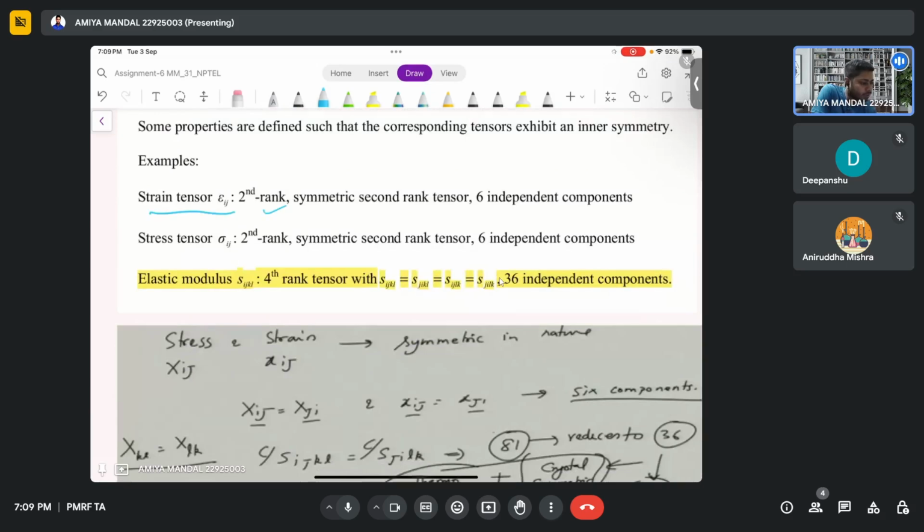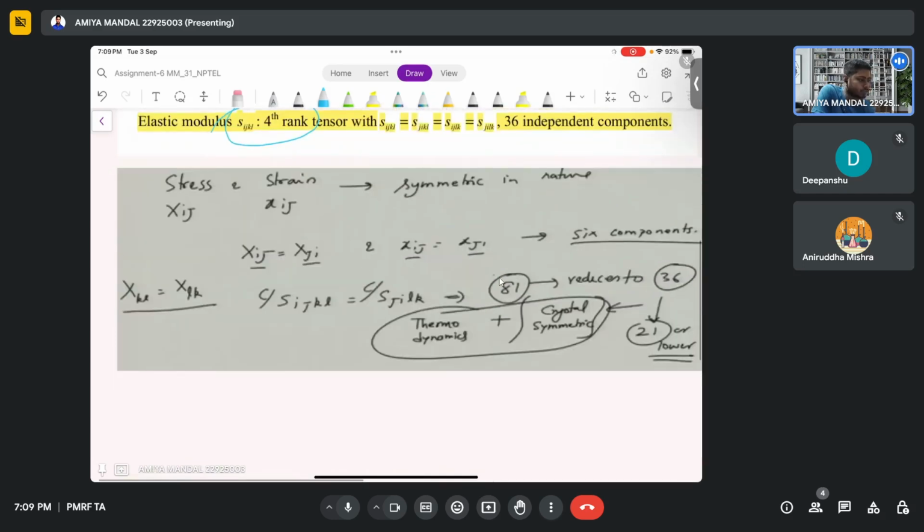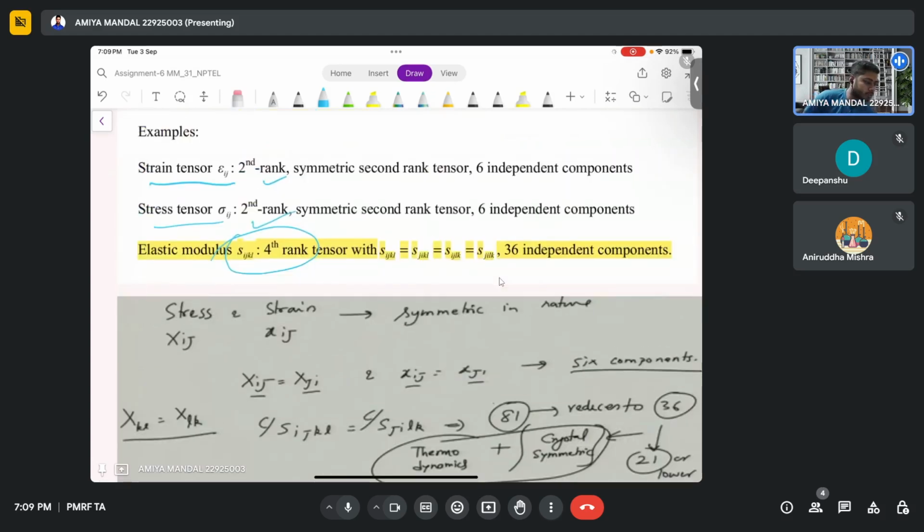Strain is second rank, stress is second rank, elastic stiffness is a fourth rank tensor. The fourth rank tensor means 3 to the power 4 gives you 81. But this symmetry consideration gives you independent components.